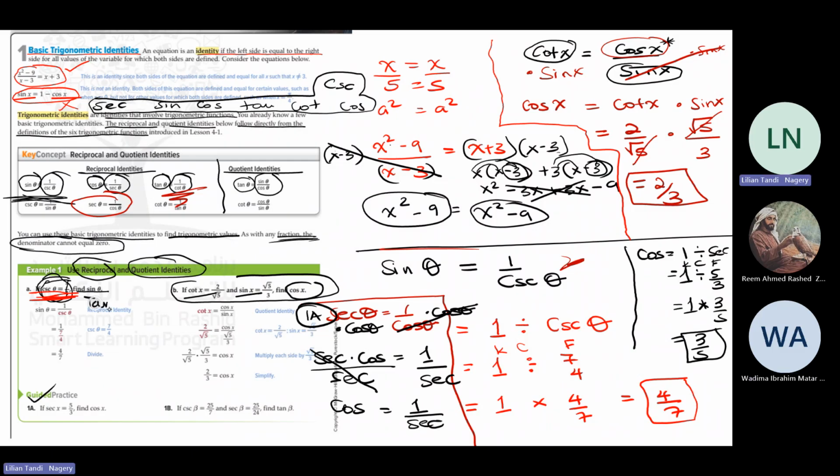And what do we know? Cosecant and secant. How are tan, cosecant and secant related? Sine over cos.